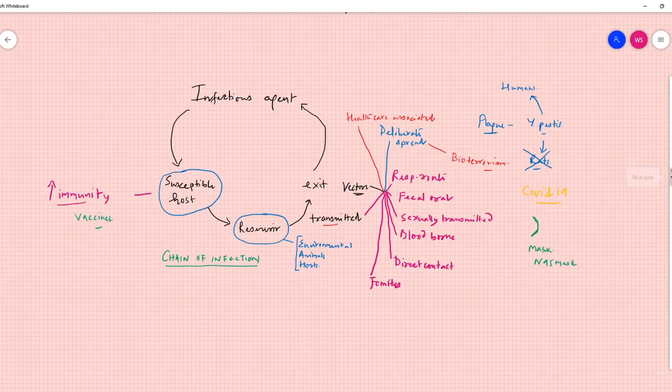So this N95, what does it do? It prevents the exit of the microorganism from the infected person to outside, and it also prevents the entry. So both these things are blocked by an N95 mask.